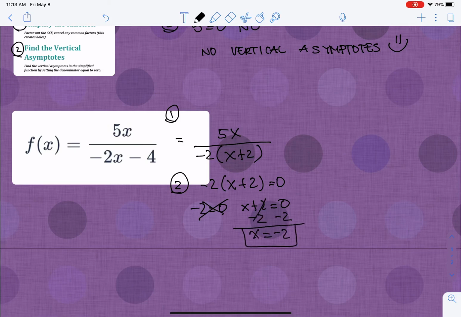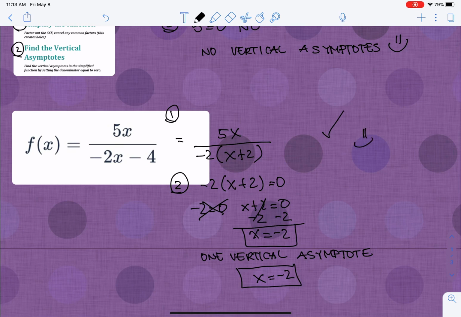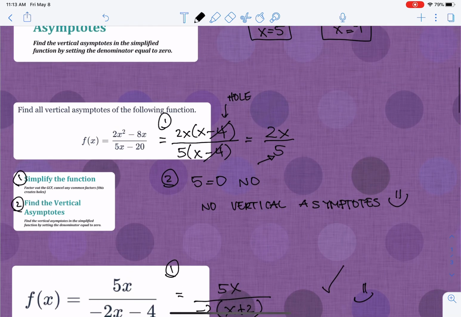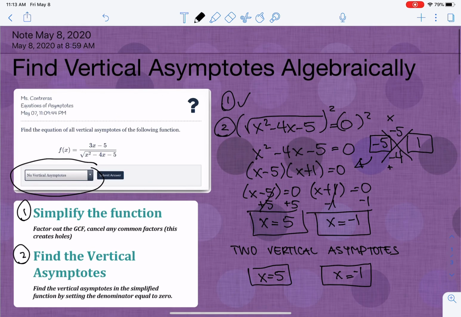So that means on the drop down menu for this problem, I would look for one vertical asymptote, and then it's going to give you a box because it's going to say, well, if you have one, what is it? And you put in x equals -2. And it's going to be like, yay, and then finished another one. Okay, so that is how you find vertical asymptotes algebraically. Bye.